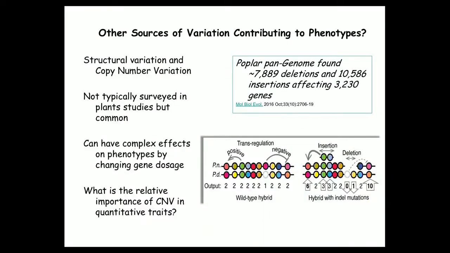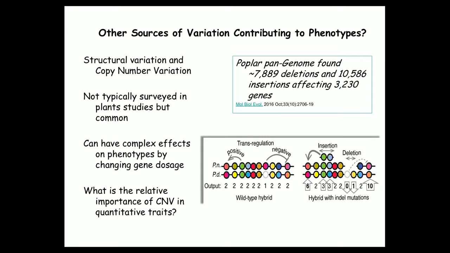So one question is, how might this be affecting quantitative traits? This sort of variation can have very complex effects on phenotypes, and I'm illustrating that with this cartoon where we have a chromosome from a Populus nigra and a Populus deltoides, so a hybrid. And we're pretending, for example, that this green gene encodes a transcription factor that positively regulates other genes. And this output refers to the number of transcripts being produced.